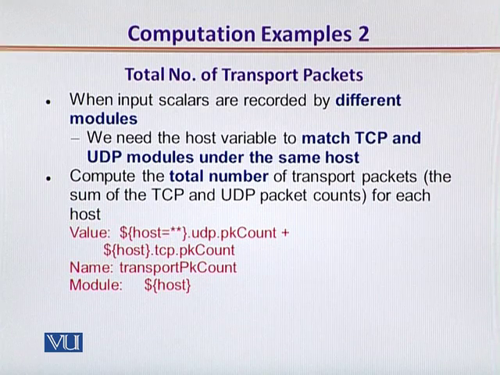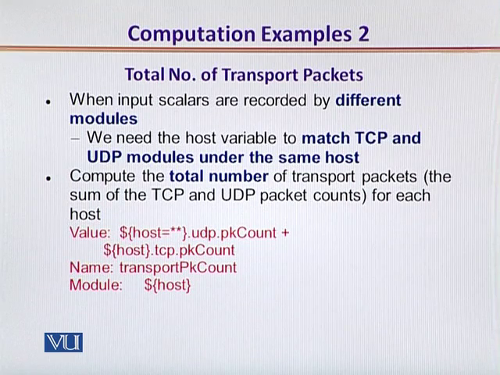Depending upon the requirement, for a certain host, all the applications running on that particular host, if they're generating transport layer packets on either UDP or TCP, then the traffic from that particular host must be taken into account.